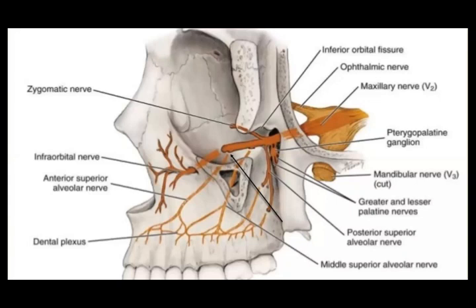Where the angle of the infraorbital nerve with the anterosuperior alveolar nerve is, here the primary ossification center of the maxilla forms. So the mesenchymal cells present between the angles of these two nerves will give rise to the osteoblasts, and those osteoblasts will then continue to form the bone.